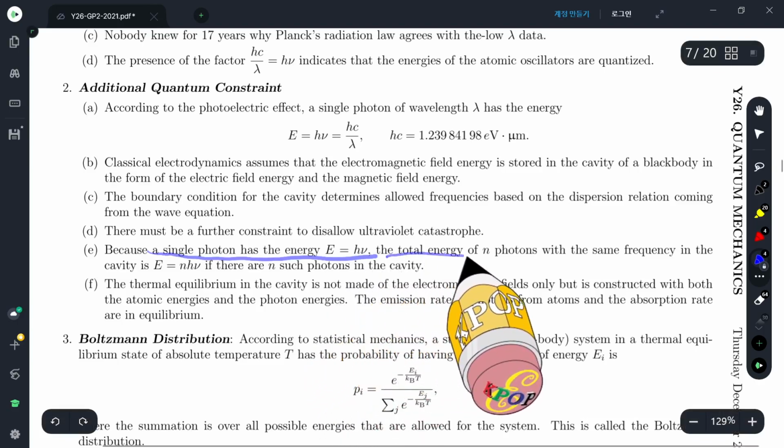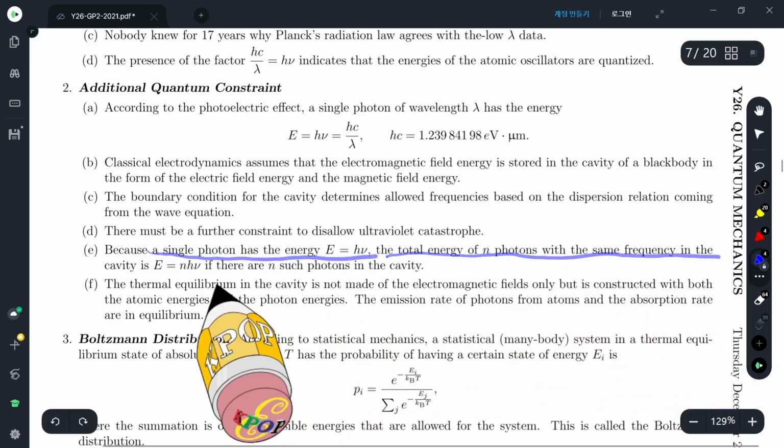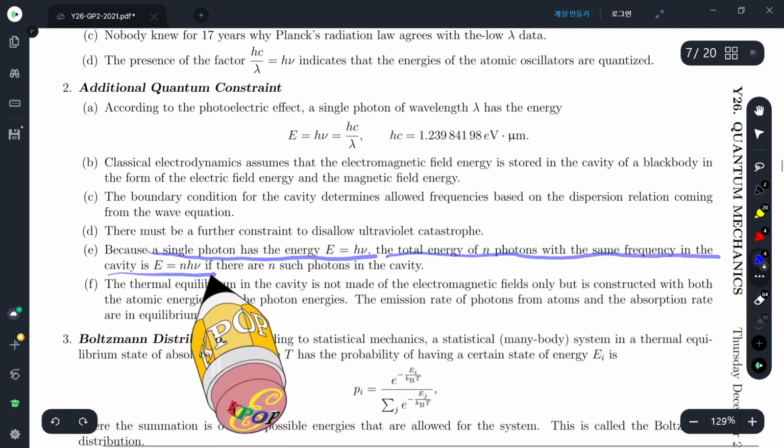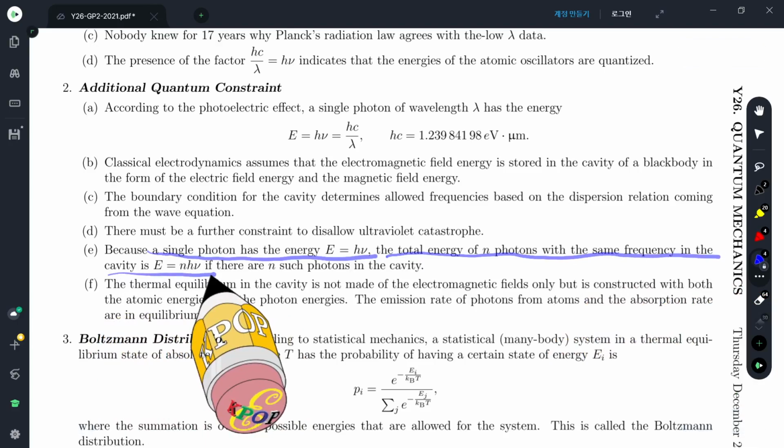The total energy of n photons with the same frequency in the cavity is this, if there are n such photons in the cavity. Actually, this is a kind of harmonic oscillator, and the energy level of the electromagnetic field coming from the harmonic oscillator is h nu multiplied by an integer. That's the solution.